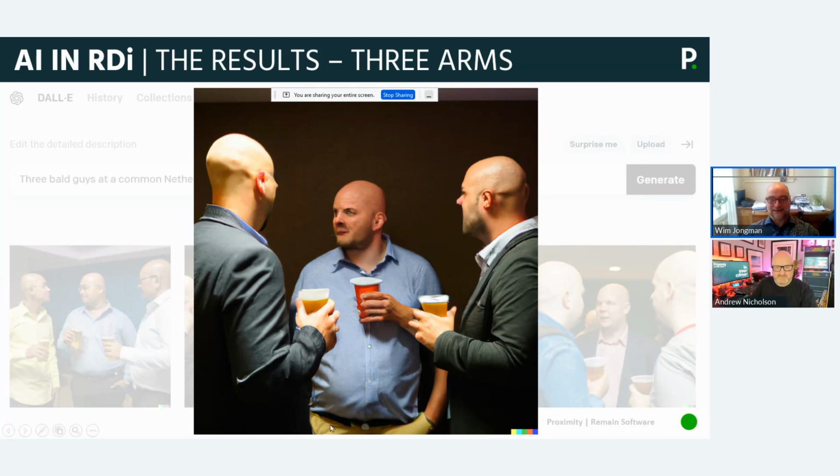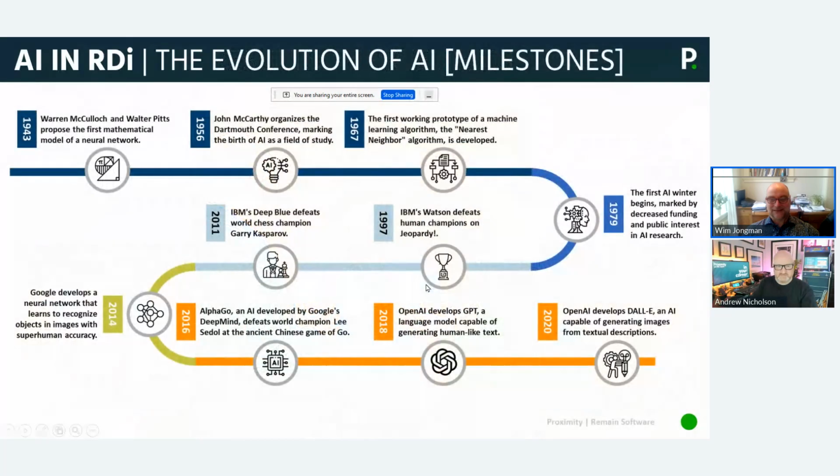Okay, let's continue. A little bit of the AI revolution, or let's say evolution, because it was not really a revolution. In fact, the revolution only started to kick in in the last year and a half, maybe.